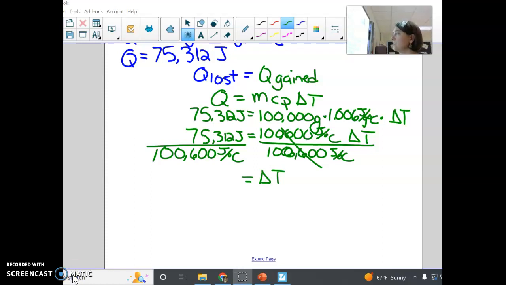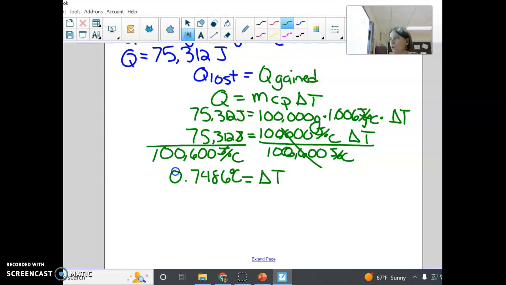And when I divide 75,312 divided by 100,600, I get 0.7486 joules, and joules canceled. I'm left with 1 over degrees Celsius, and when you're dividing by a reciprocal, it's the same as multiplying by its reciprocal, so the degree Celsius actually goes to just being on the top.